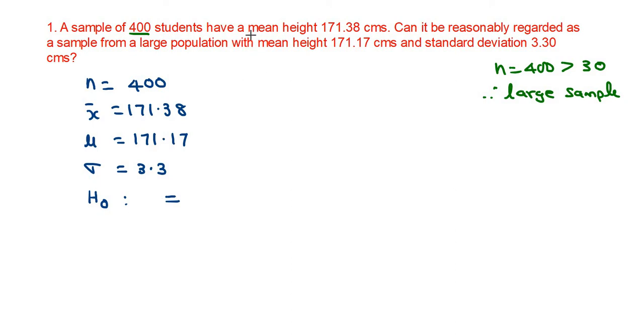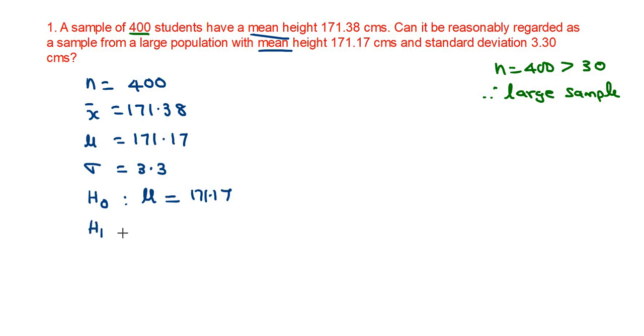So here we are going to check the difference between mean. So the population parameter is here mu. So mu is equal to 171.17. So the meaning, if H0 is true, then we can conclude that this sample comes from the population with mean 171.17.